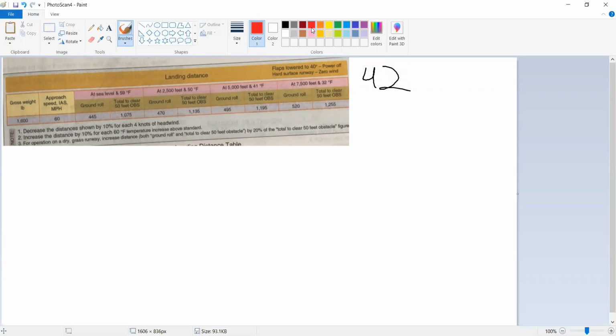and the pressure altitude of, well, let's read this. It says determine the total distance required to land over a 50-foot obstacle. Pressure altitude of 3,750. 12 knots. Standard temperature.